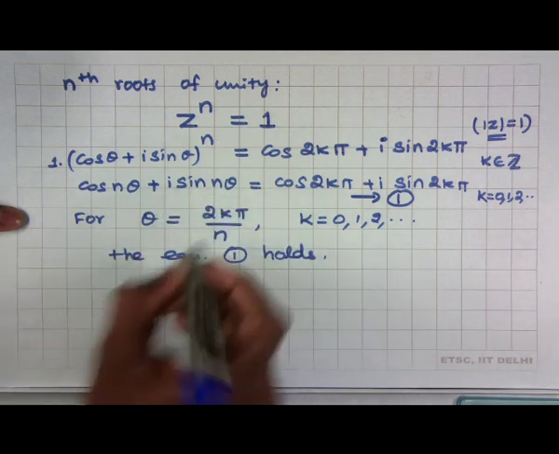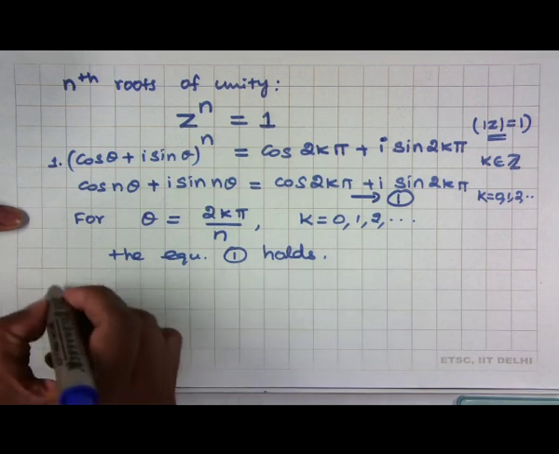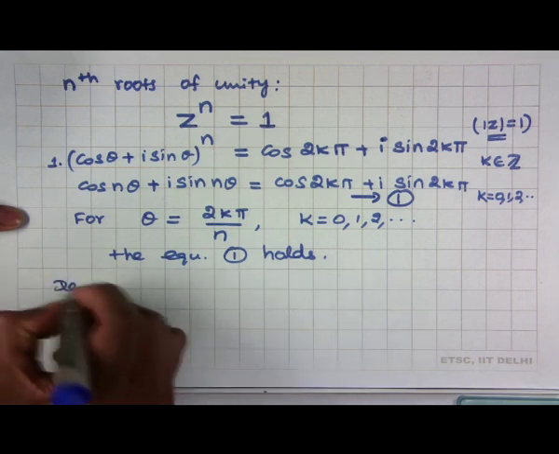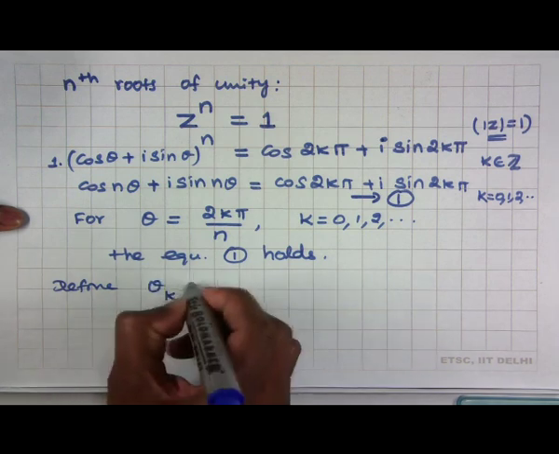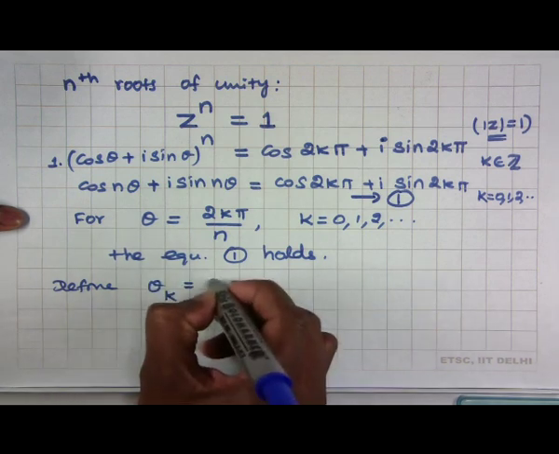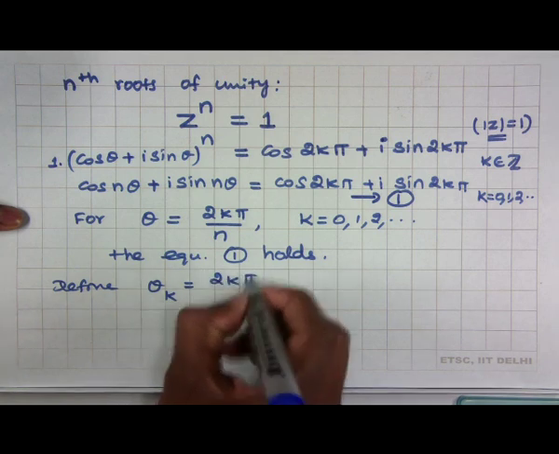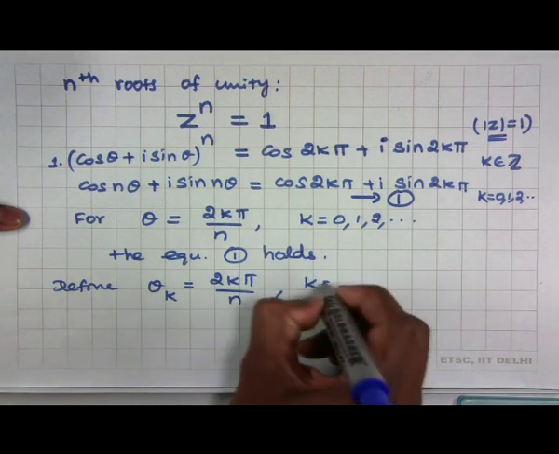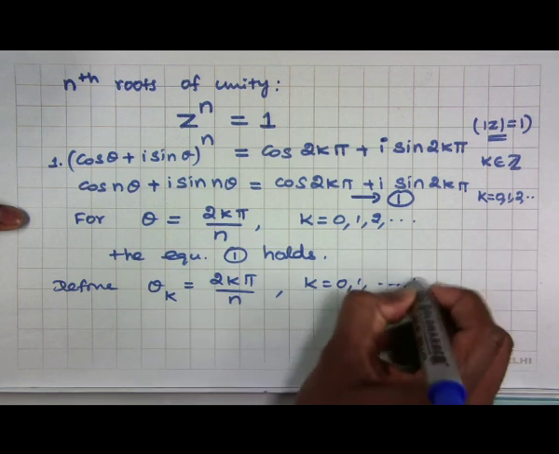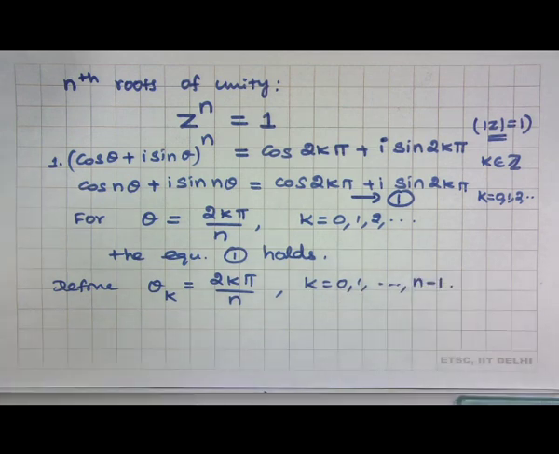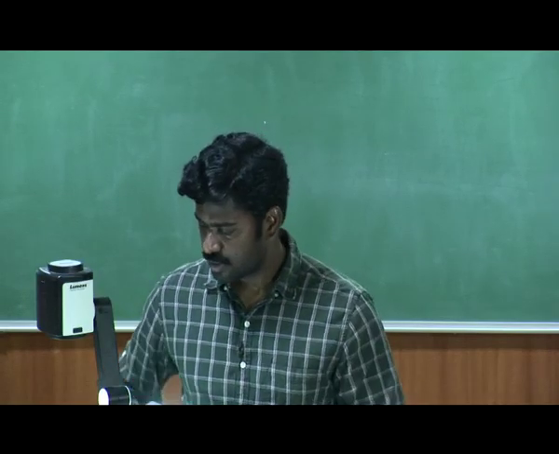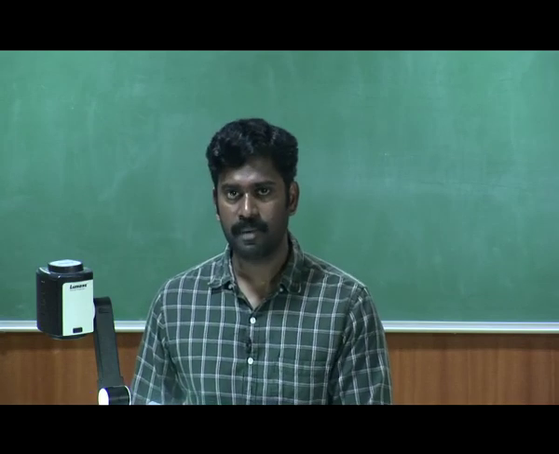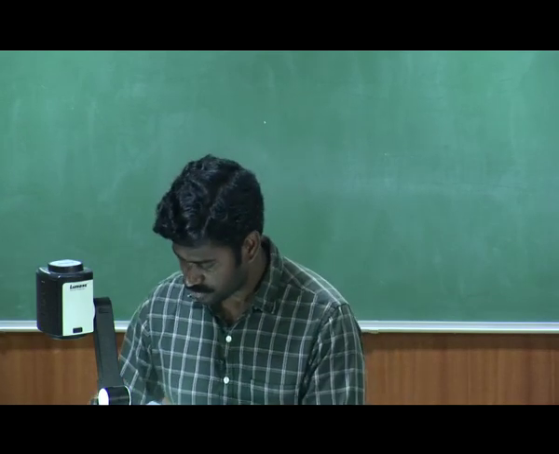So what I do is define theta k as 2k pi by n, with k from 0, 1, etc., till n minus 1. I only collect the values for k from 0 to n minus 1. For each theta k I can define a complex number.